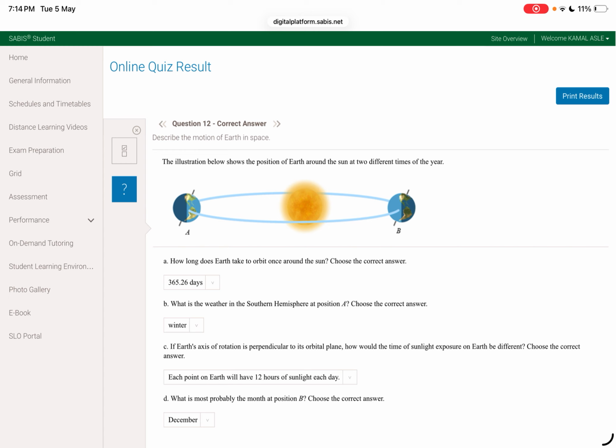How long does it take Earth to orbit once around the Sun completely? It takes 365 days, but here it's exact, which is 365.26 days. What is the weather in the southern hemisphere at position A?